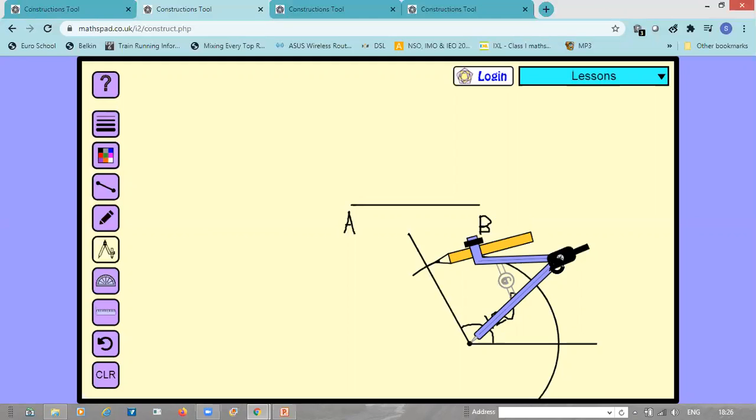Now, using the same radius, bring your compass to point A and make an arc.